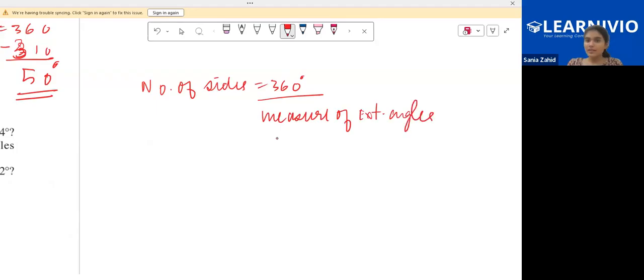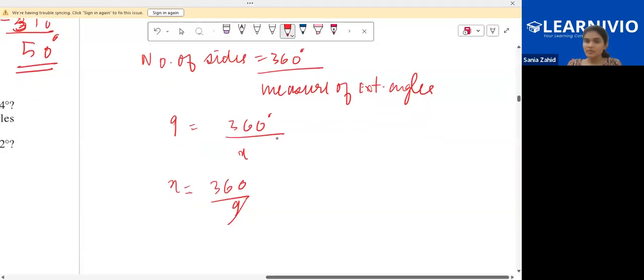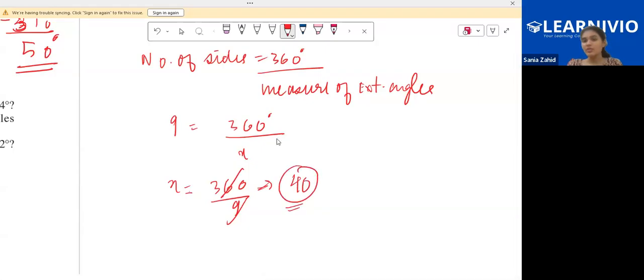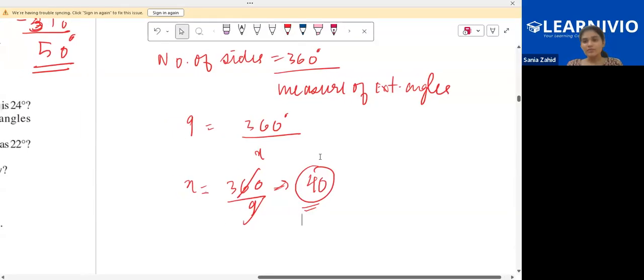So now the number of sides is 9, equal to 360 degrees divided by the measure of the exterior angle. Let's call this x. So x is equal to 360 degrees by 9, isn't it? So that's 40. The measure of the exterior angle is 40 degrees. So each angle is measuring 40 degrees.